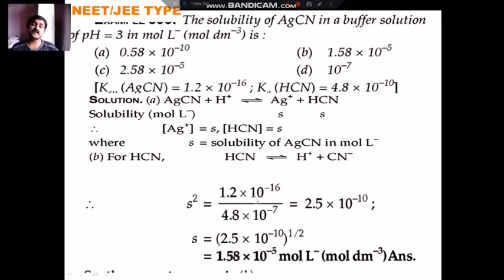Because it is an AX type of formula. One cation and one anion are there, so Ksp is equal to S square. Taking the root, the S value obtained from 2.5 into 10 power minus 10 is 1.5 into 10 power minus 5 moles per liter, moles per decimeter cube is also the answer. So it matches our second option. The second option is the right option for this question.